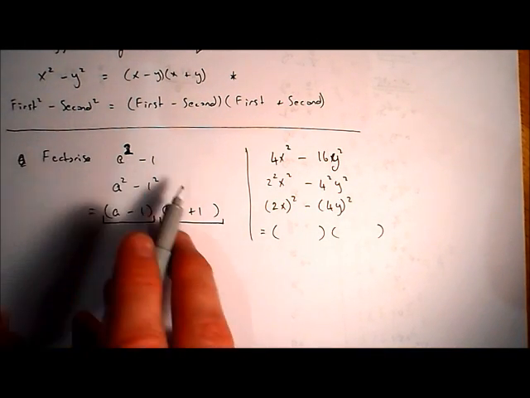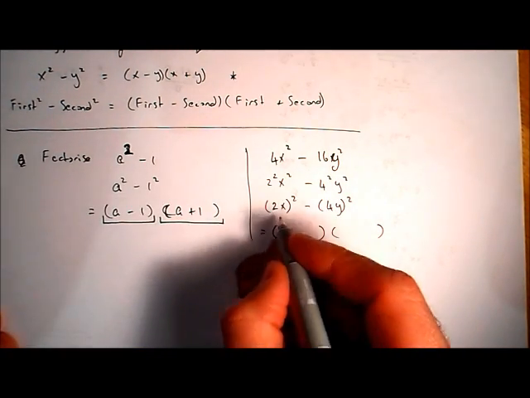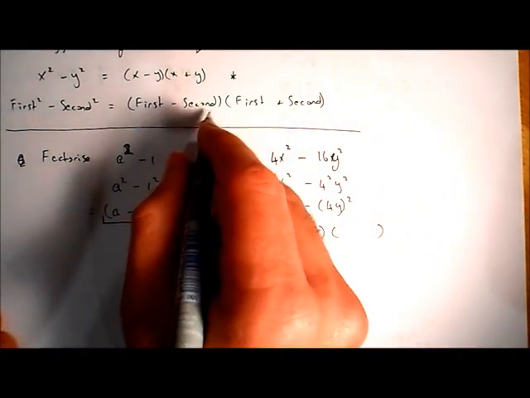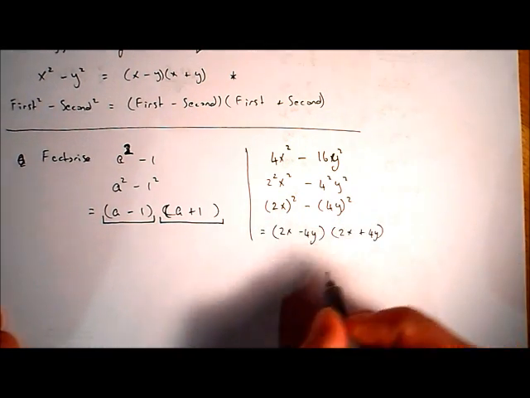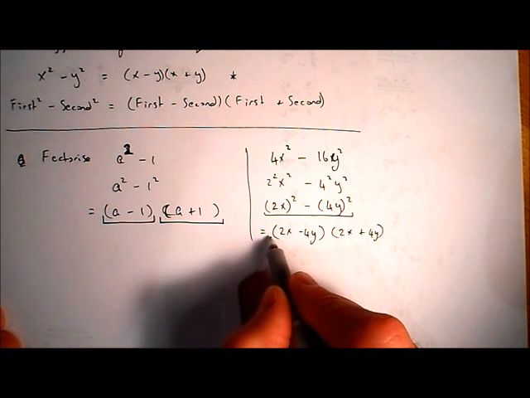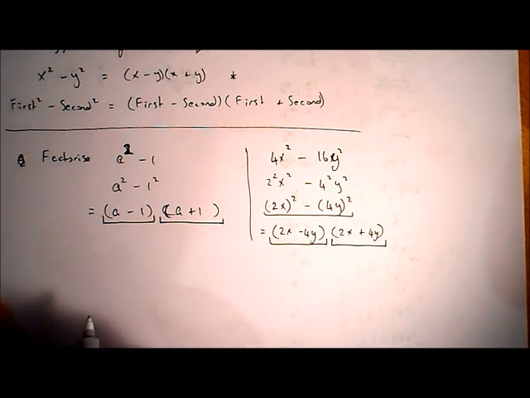First squared minus second squared, first is 2x, second is 4y, so it's first minus second, 2x minus 4y, multiplied by first plus second, 2x plus 4y. So I factorized it. I started off with a difference, and I wrote it as a product.